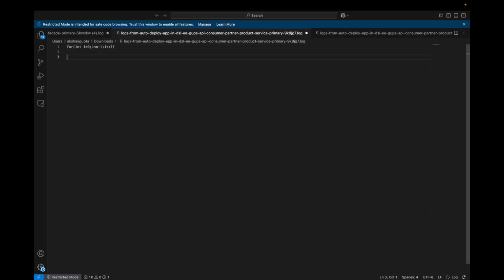Here, at each index I will calculate from the left side what the left max is. So int k equals 0, k less than I, k plus plus. From here I will be able to figure out the left max.